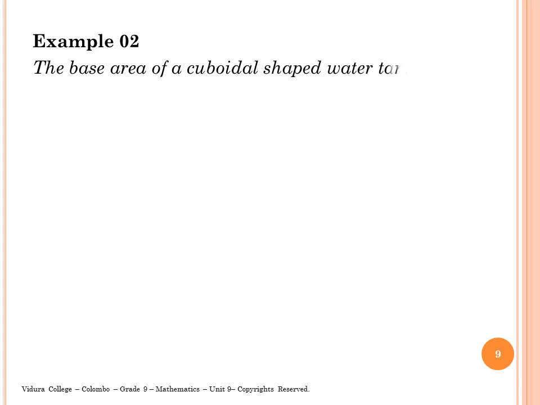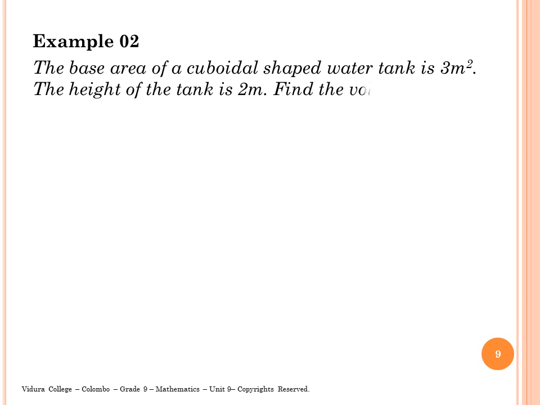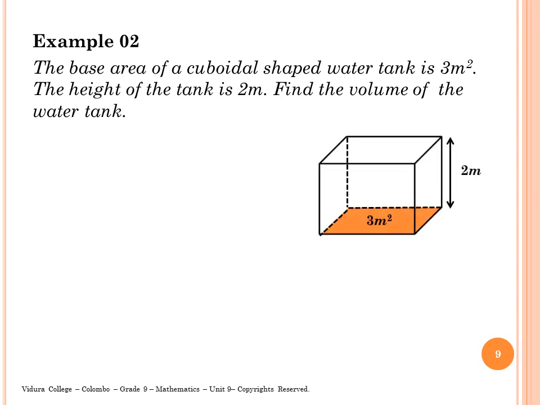See example 2. The base area of a cuboidal shaped water tank is 3 square meters. The height of the tank is 2 meters. Find the volume of the water tank. Here the area of a cross section or the basal area is given as 3 square meters.